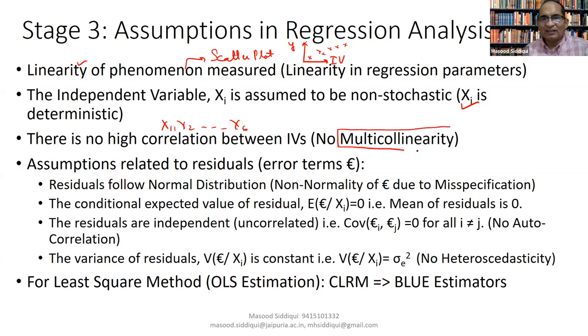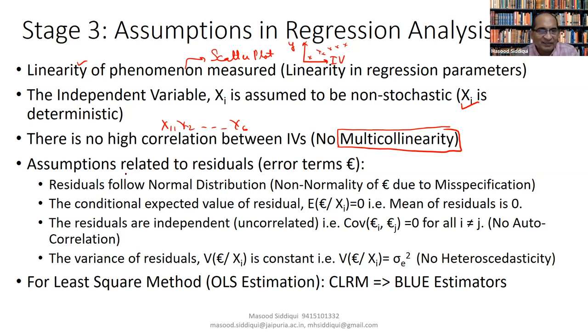Multicollinearity means there is substantial correlation between independent variables. In regression analysis, there should be correlation between y and the independent variables only, but there should not be intercorrelation between independent variables. So there should not be multicollinearity. This assumption is related to predictors or independent variables.